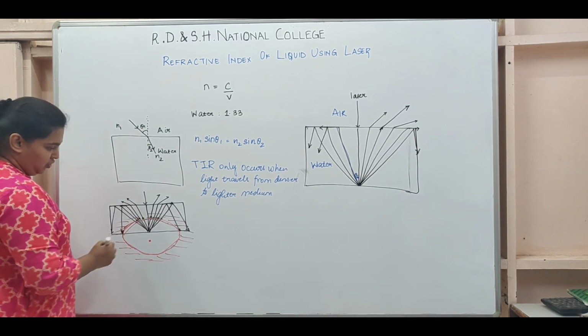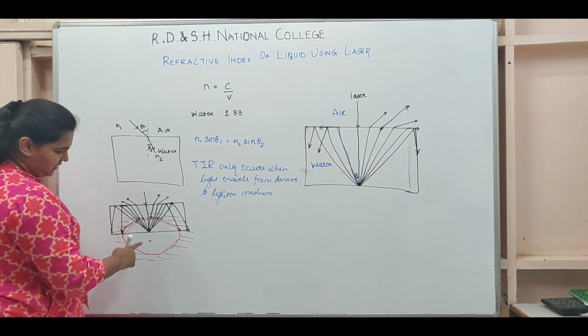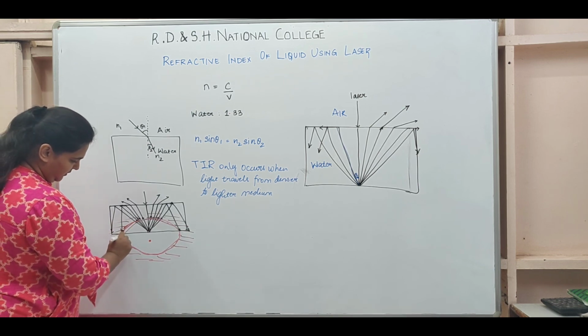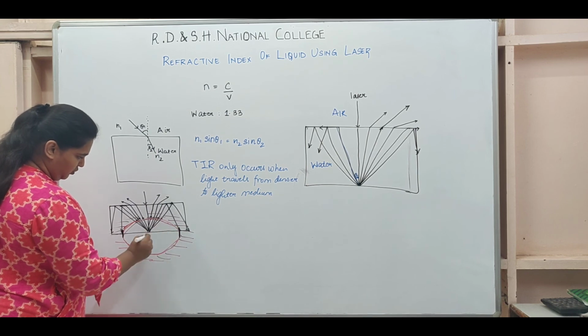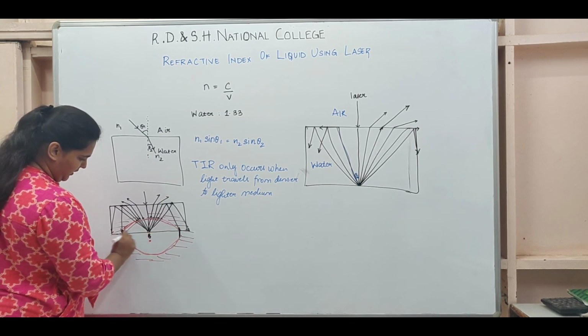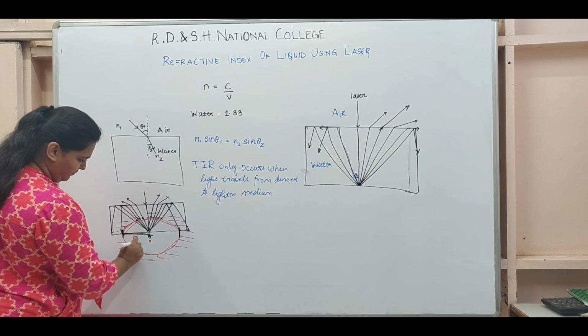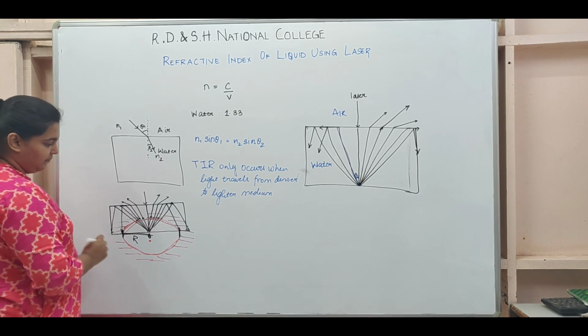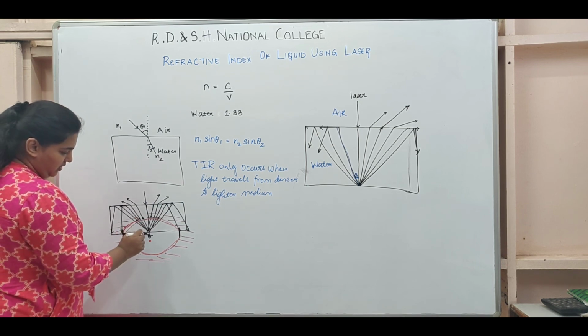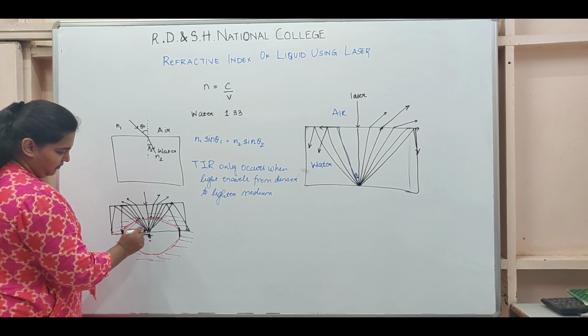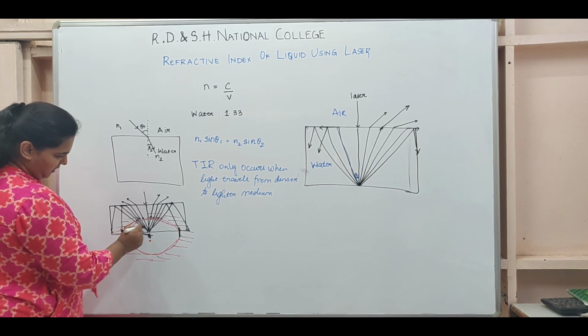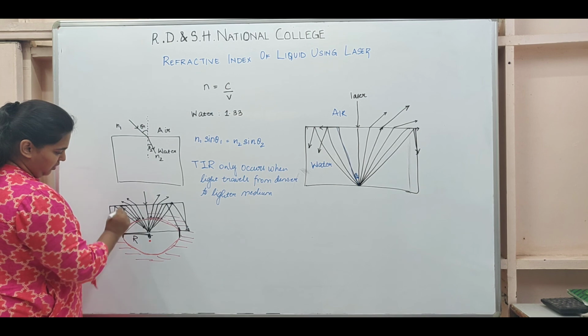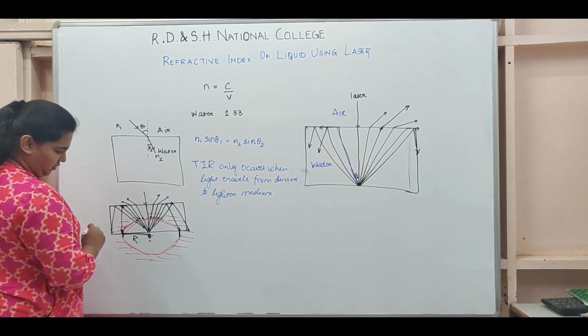So now we have to consider this circle, and using the diameter of this circle, we will measure the refractive index. For this circle, this is the diameter. So basically from the center point, this is going to be my R, correct? Now this was my critical angle, so I was only reaching up till here.